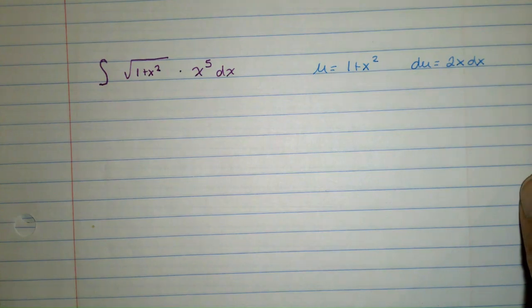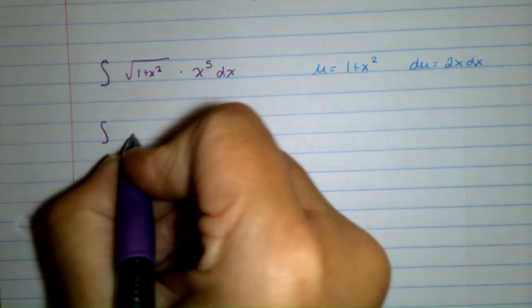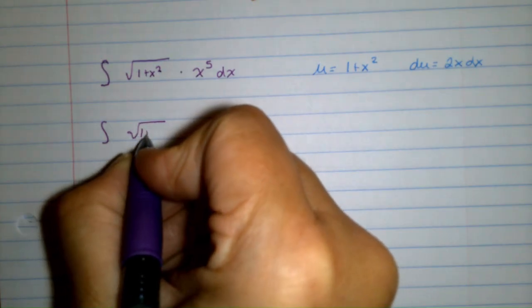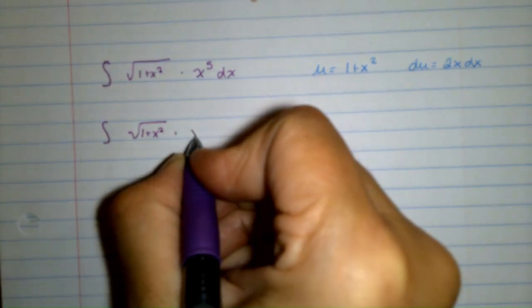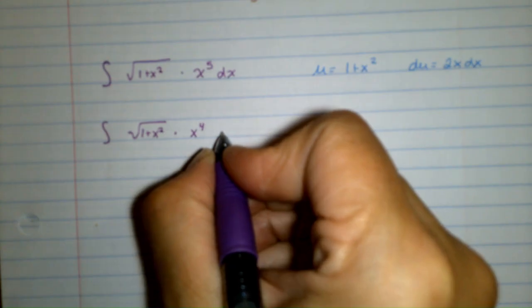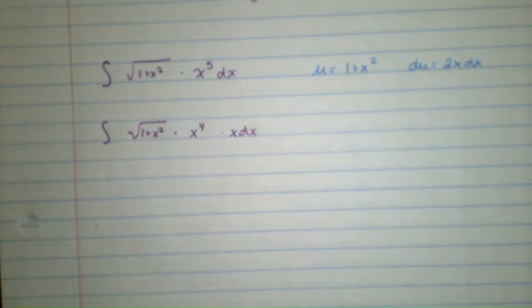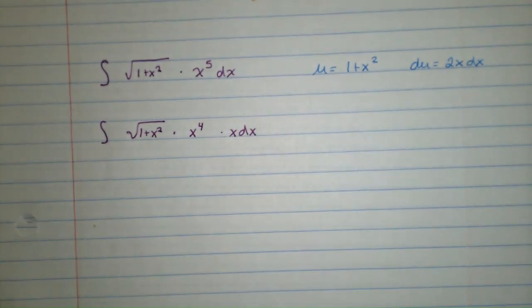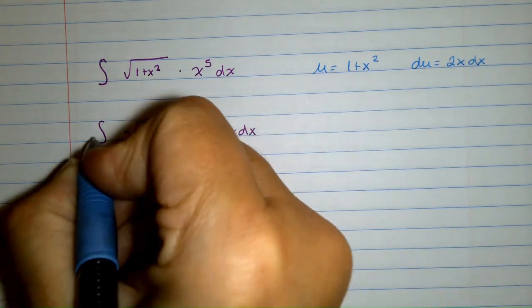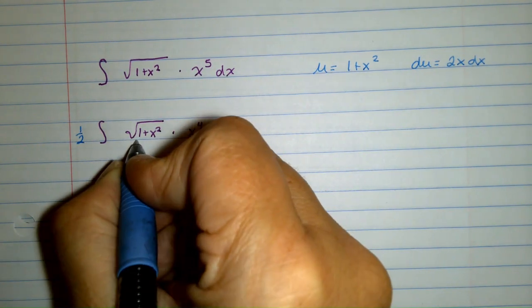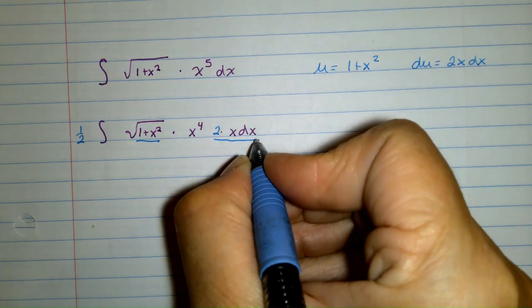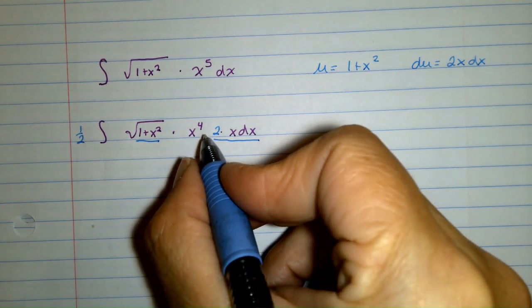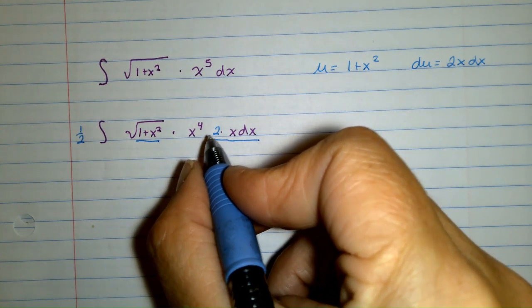Uh-oh. Well, I can write it that way, and then I'd have a 2 and a 1/2, which would take care of this and would take care of that. But I still have that thing.